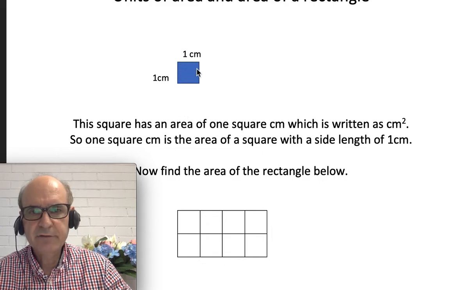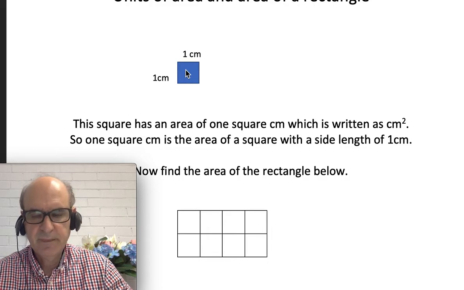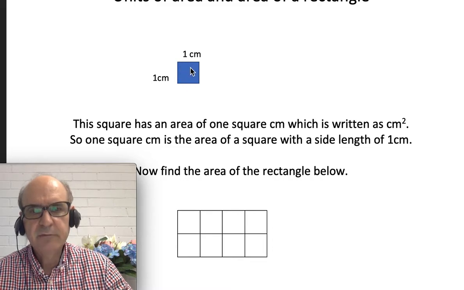Now we have something which can be used to measure the area of any given shape. So depending on how many of these you can fit inside the shape, that will be the area of that shape. Let's look at this rectangle.